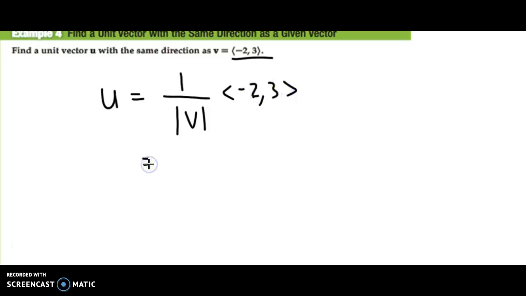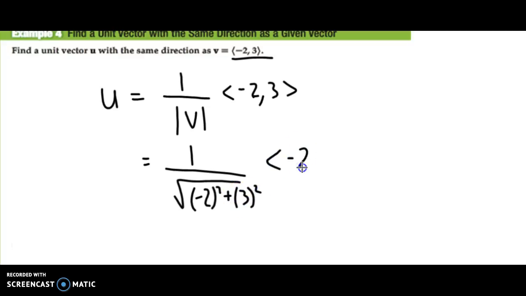So we need to figure out this magnitude right here. So we look back and we say, okay, how do we find magnitude when we know components? Remember, that's the square root of x squared plus y squared. So that'd be negative 2 squared plus 3 squared, times negative 2, 3.